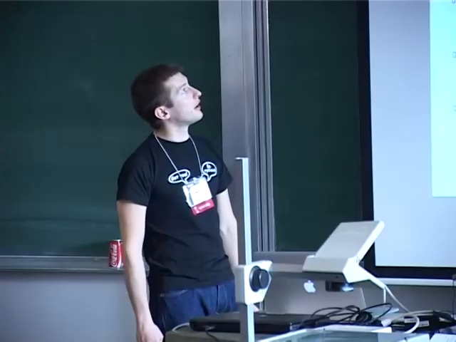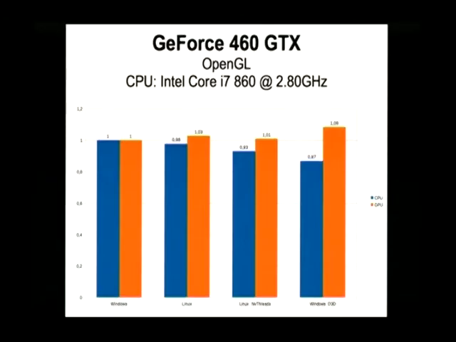I started with a GeForce 460 GTX GPU using the binary driver on Linux. And the way that these graphs work is the blue bar is a setting at running the games at low resolution settings. Those are mostly limited by the CPU power and how fast the CPU can generate commands to send to the GPU.